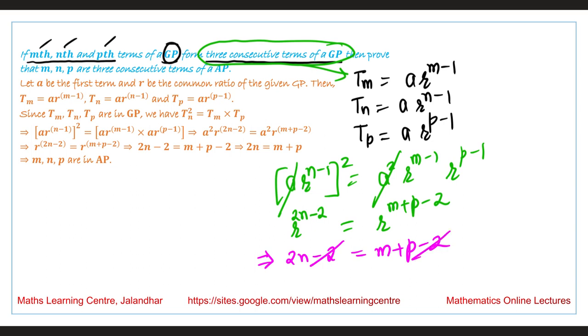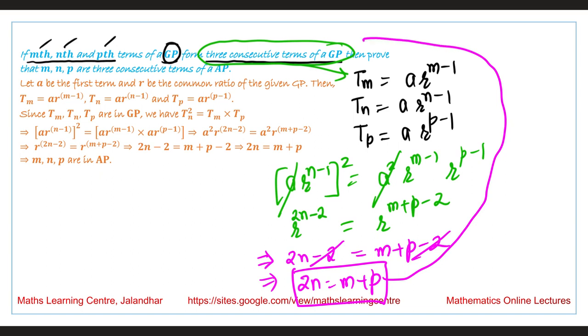So this 2 gets cancelled, and we obtain that 2n = m + p. So this gives us that n is the arithmetic mean between m and p, and this proves that m, n and p are three consecutive terms of an AP.